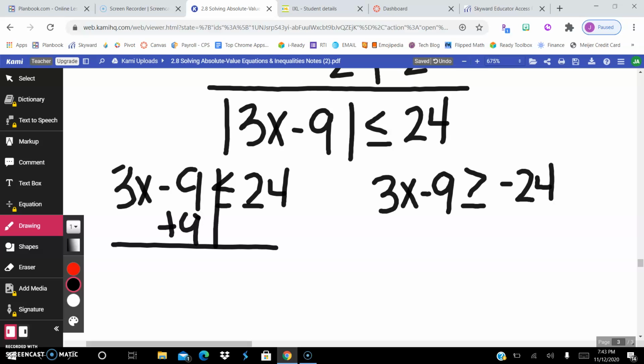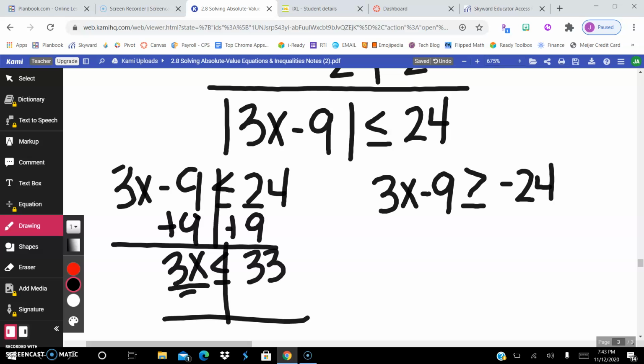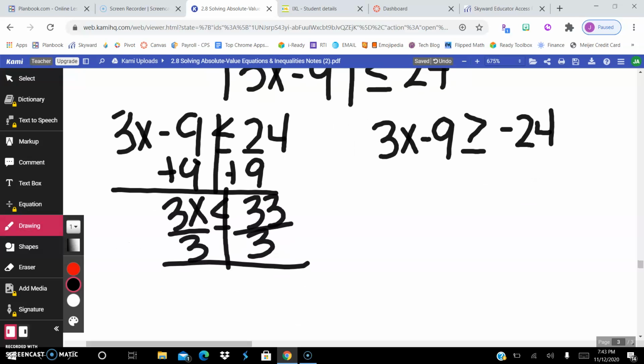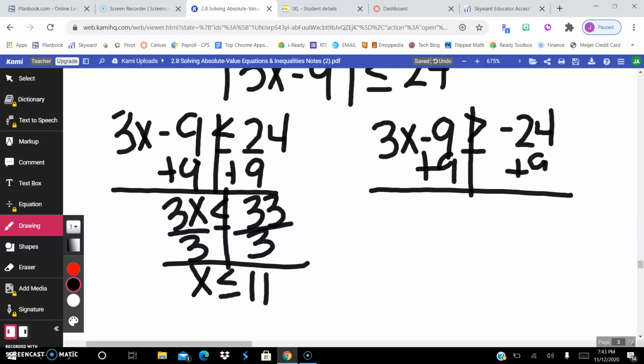So then we add 9. 24 plus 9 is 33. And then divide by 3. So x is less than or equal to 11. And then add 9 over here.